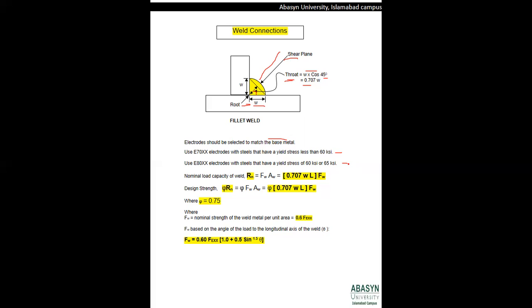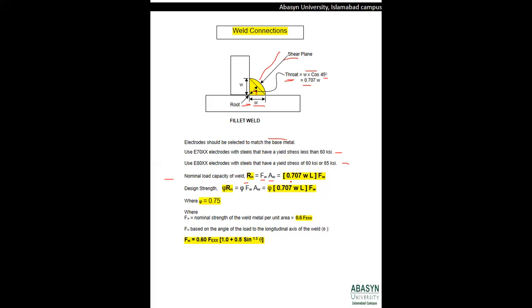The nominal load carrying capacity of the weld, Rn, becomes equal to the strength applied on the weld times the area of the weld. It is a basic formula that we use for the calculation of the nominal load, which is basically equal to strength in terms of the area of the weld.